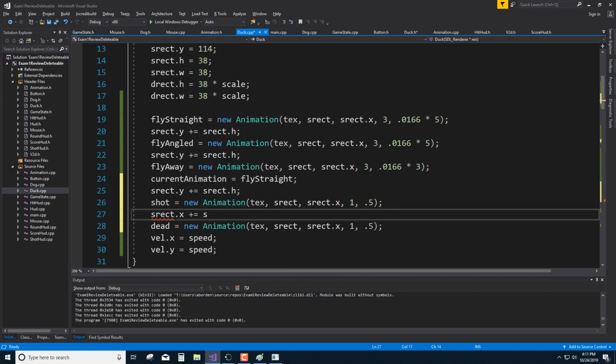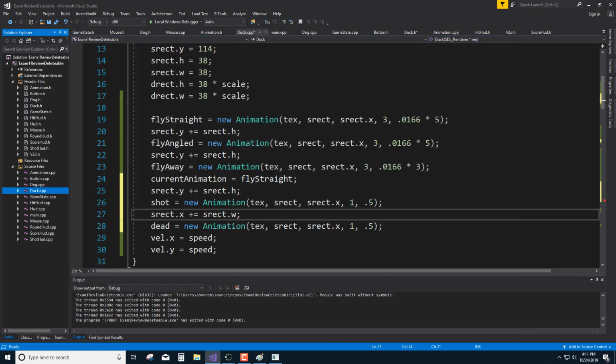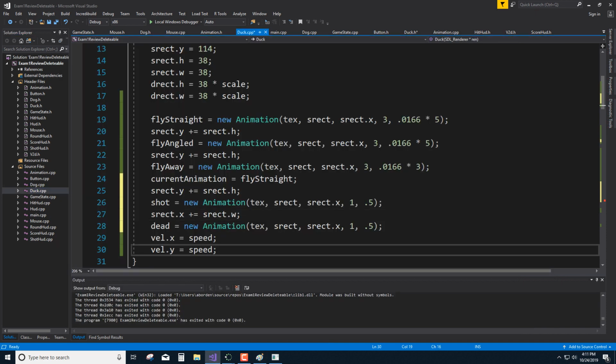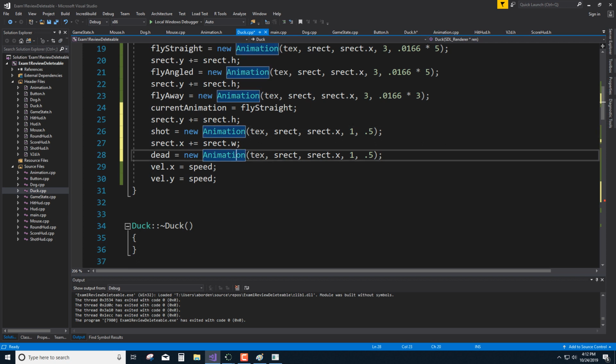Plus equals srec.w because we scoot over 1 frame width. That's for this one right here. And I don't know if this will work. I don't know if our animation class will handle 1 frame or not. It should.